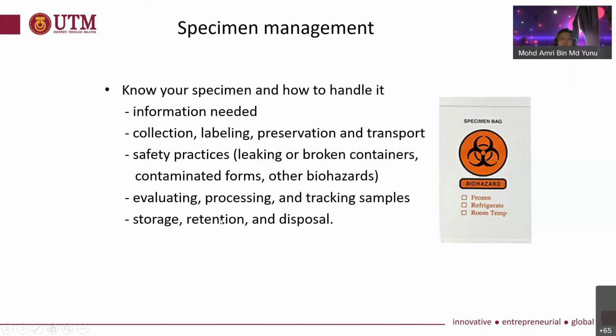And you need to know the type of your specimen by carefully labeling it with the proper signage and information, and do not handle anything that is broken. I mean, in terms of the seal, if the seal is broken, do not touch or engage with the samples.